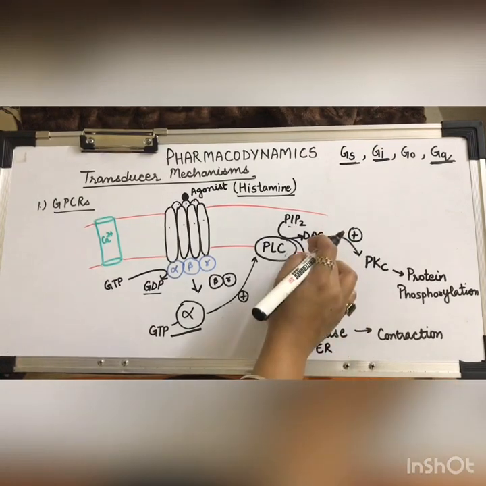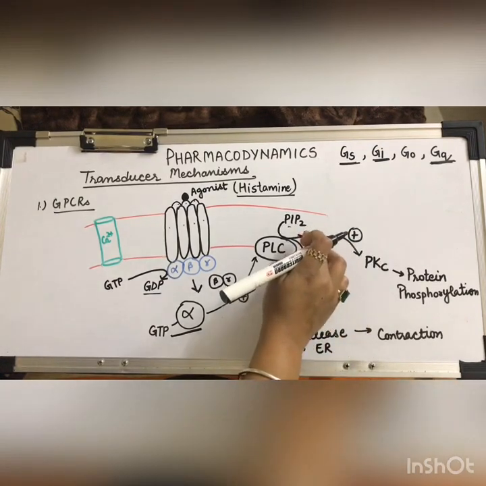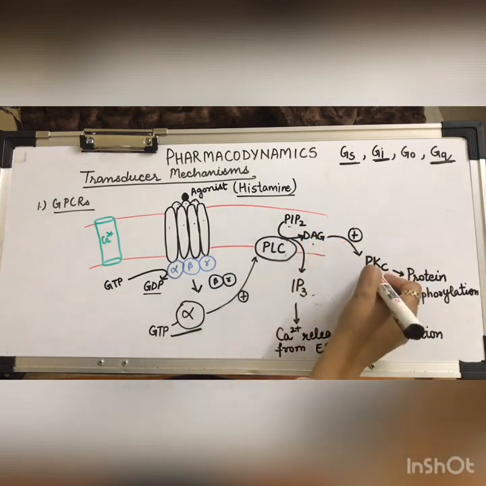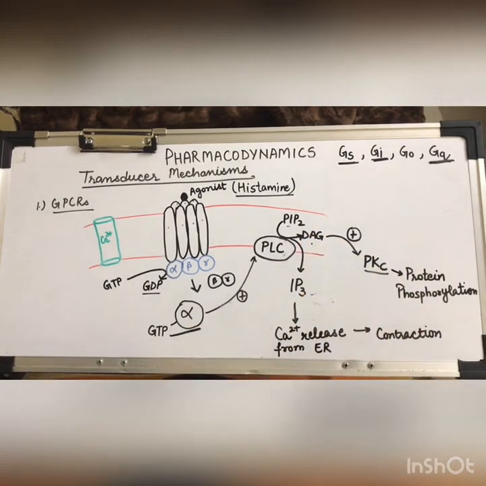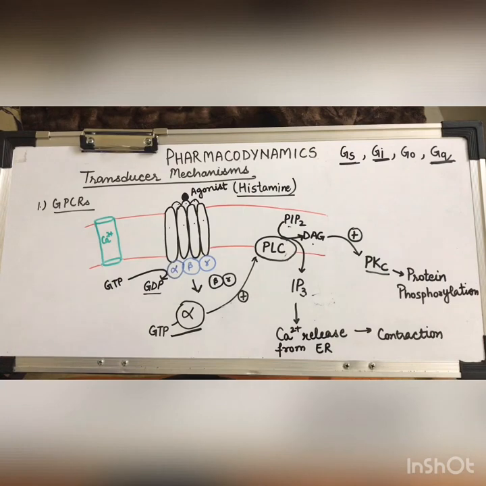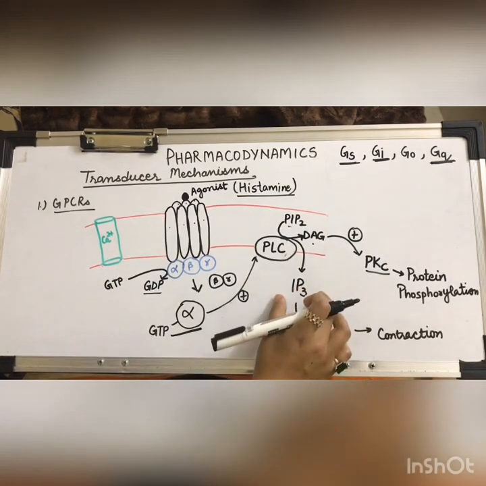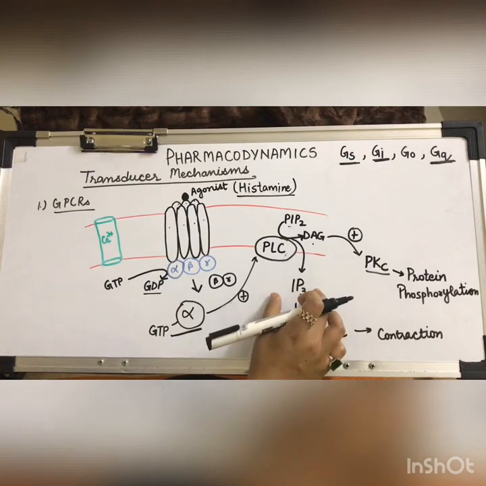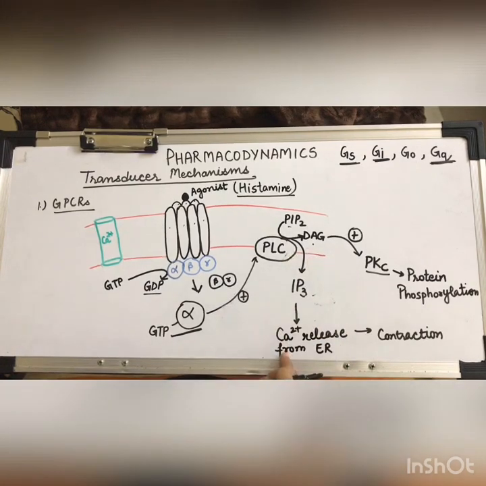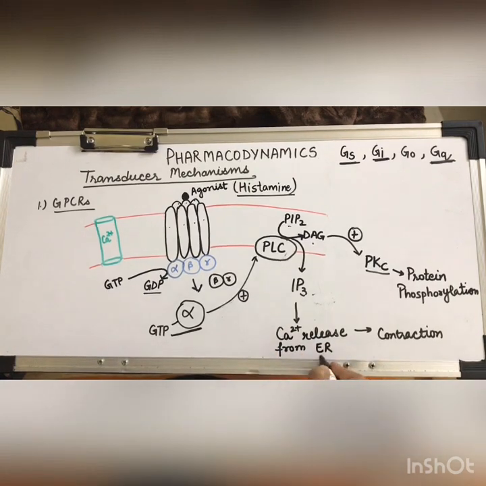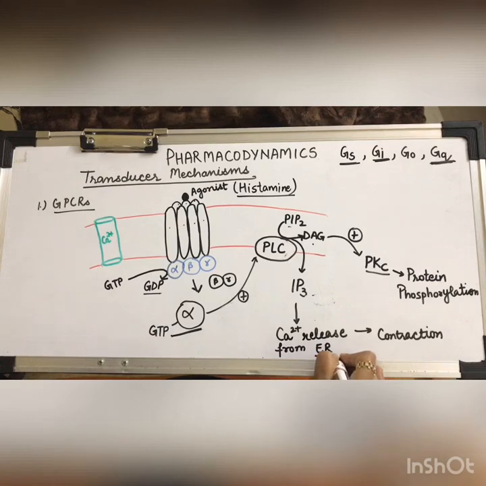Now DAG remains in the membrane and it activates protein kinase C with the help of calcium. And IP3 is water soluble, and being water soluble, it diffuses to the cytosol, and in the cytoplasm it reaches the endoplasmic reticulum, and it releases calcium from the endoplasmic reticulum.